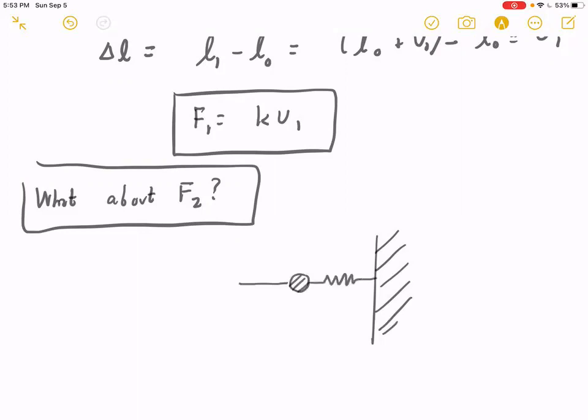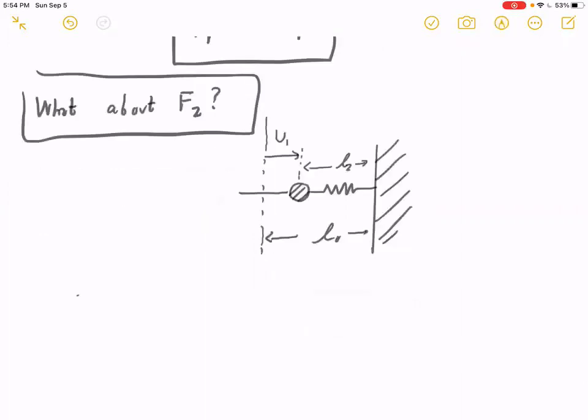So again, let's put in our equilibrium position. Let's call this distance U sub 1, that's the displacement of the mass from equilibrium. And let's call the distance between that new position and the wall L sub 2.